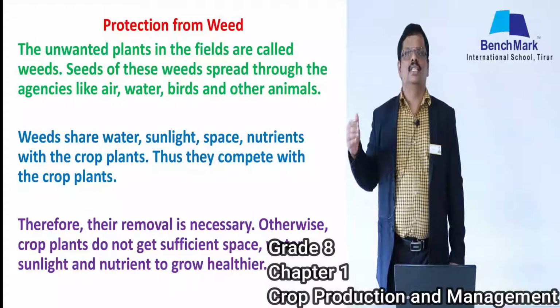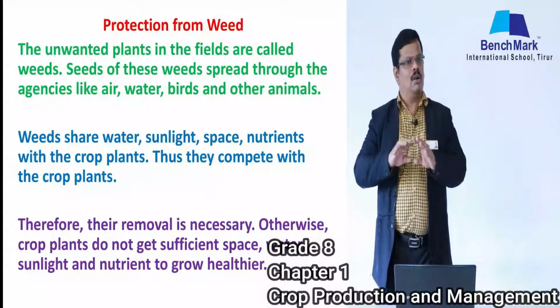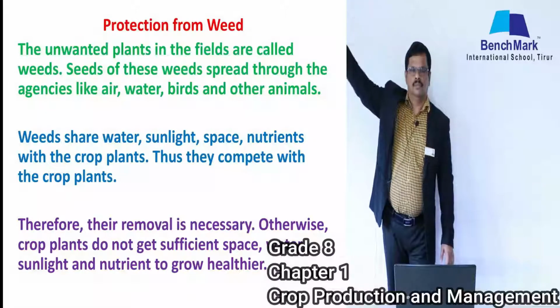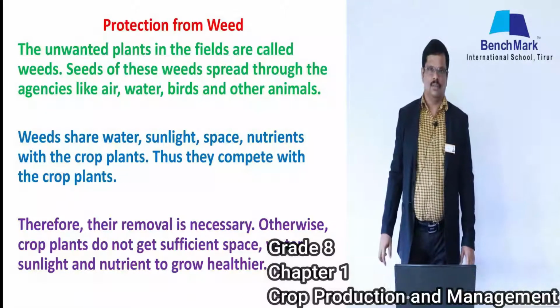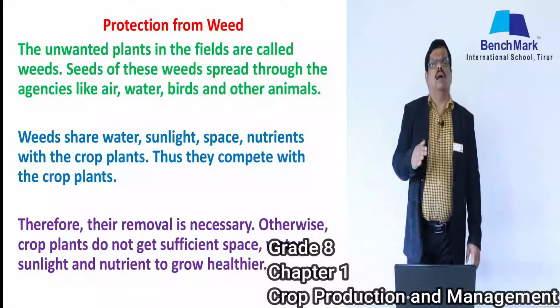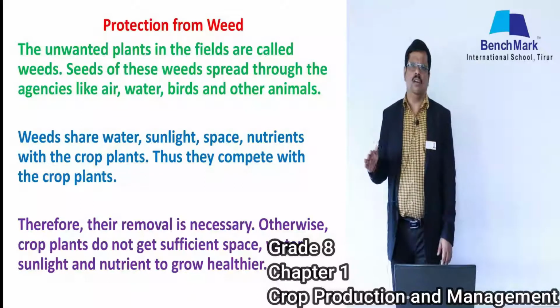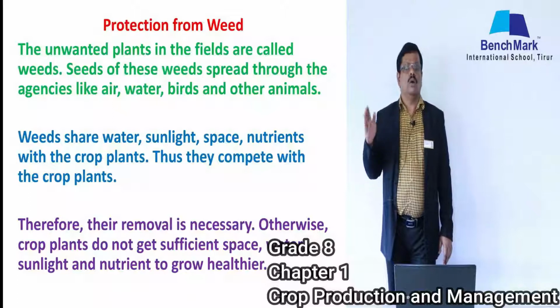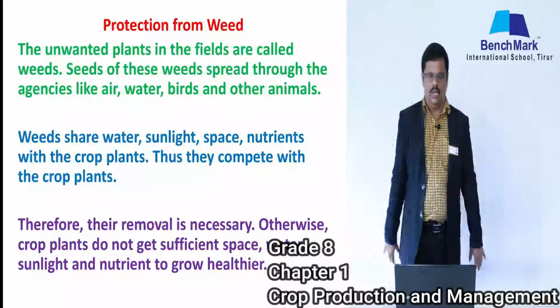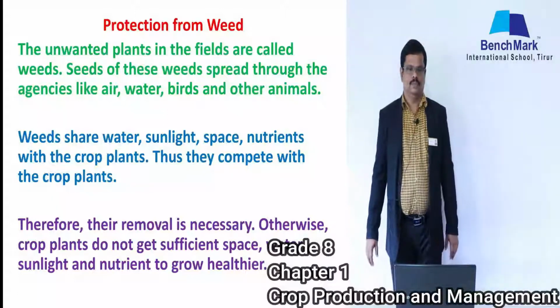Yes, it's grass. Grass is not at all needed there. So what? You'll pluck and throw it. So this is what is called weed. Any plant which is not needed for a crop or growing along with the crop, any unwanted, let me underline that word, it's called weed.